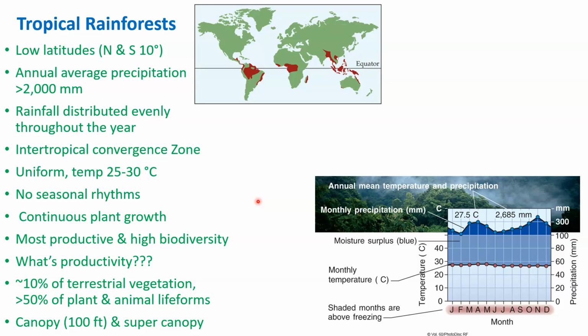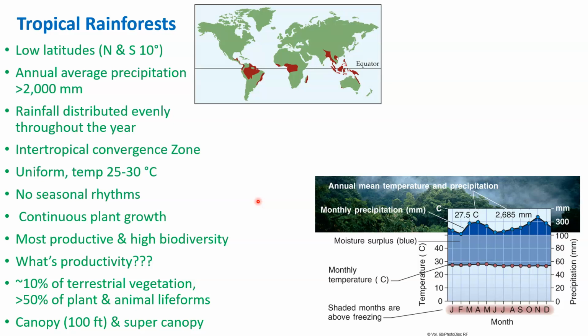Another cool characteristic of tropical rainforests is the canopy structure. The canopy is thick and continuous, and those canopy trees grow very tall. Sometimes certain trees could reach up to 100 feet in height. On top of that, there are certain trees that shoot off the canopy, and we call that the super canopy.